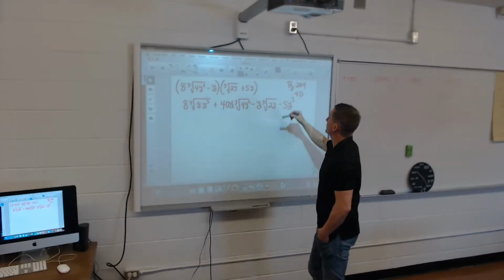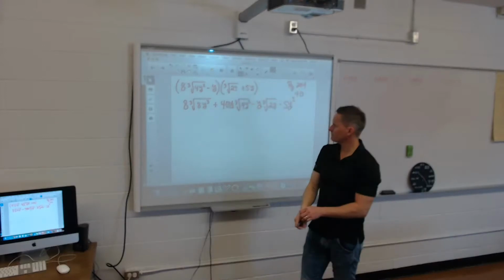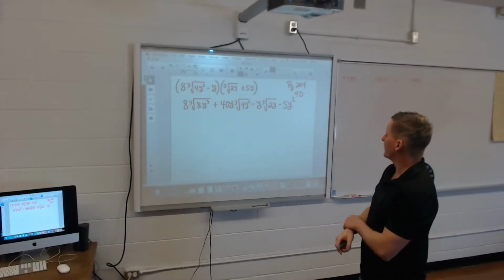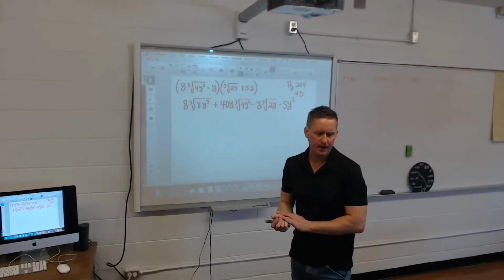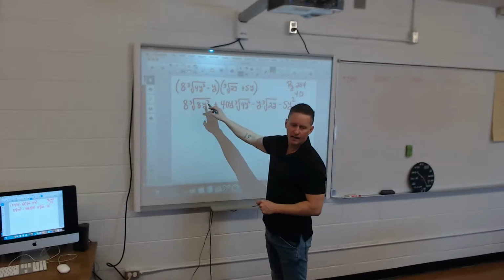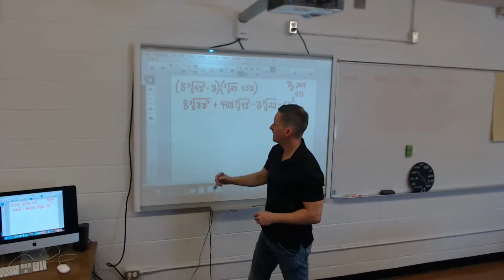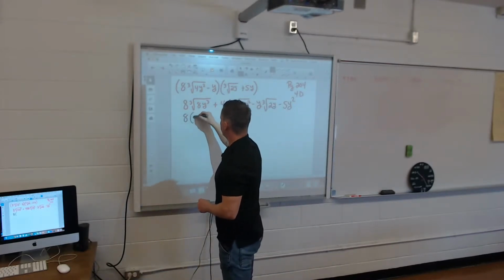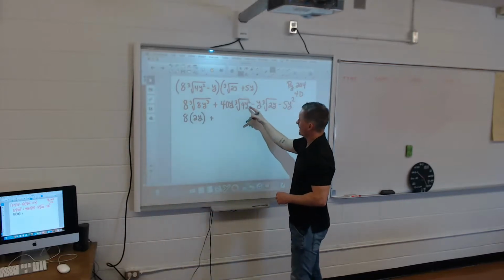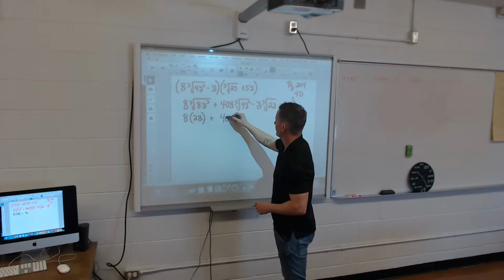Okay, so looking at this right now, I've still got a little bit of simplification to do. I need to break this down. The cube root of 8y cubed is 2y. So I've got 8 times 2y here, plus. I can't do anything with this guy.